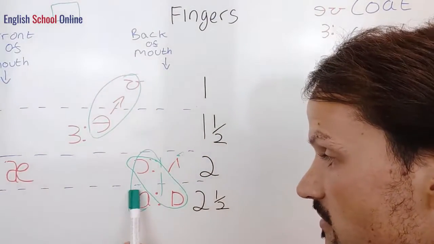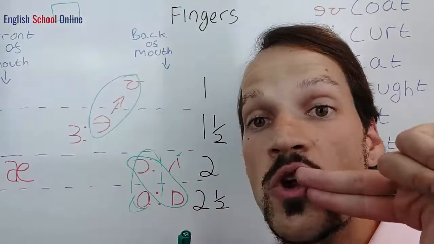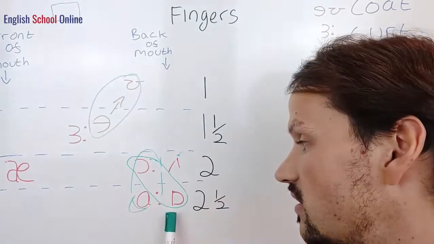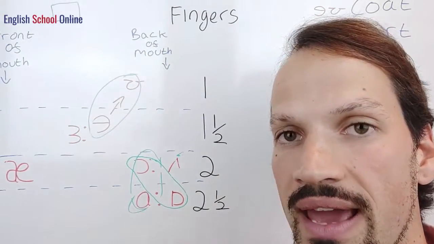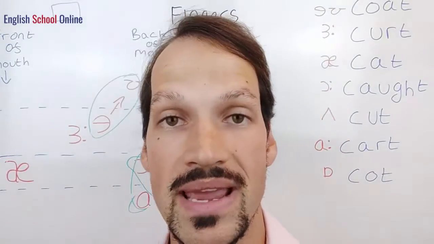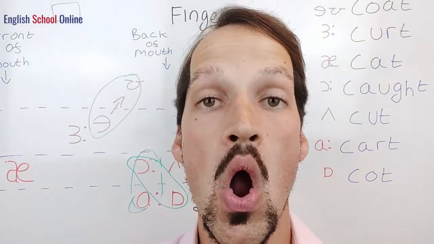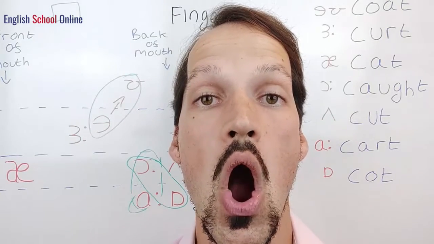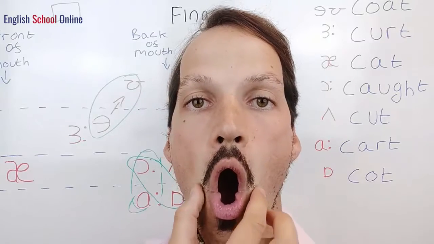For the very bottom of our mouth, 2.5 fingers between the teeth, so more than 2, we've got "o" as in not or got, okay? Let me open my mouth and just make the sound so you can see. Got, o. Okay, my lips here are rounded.